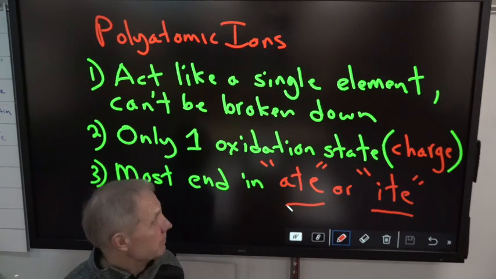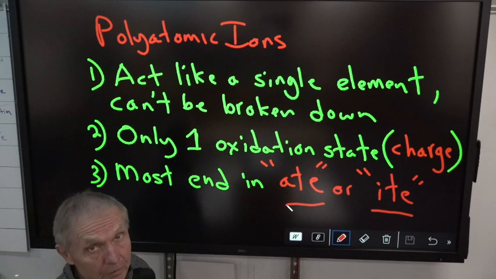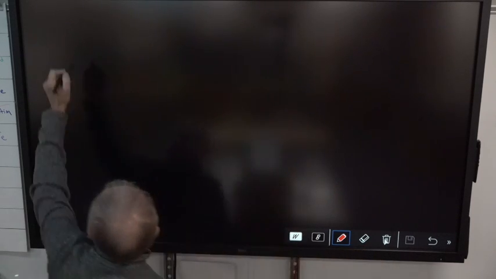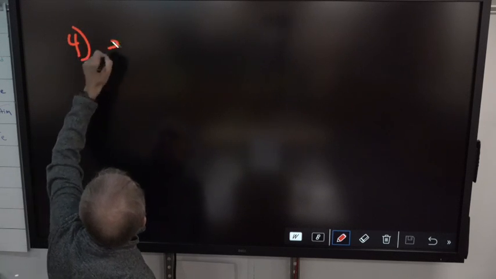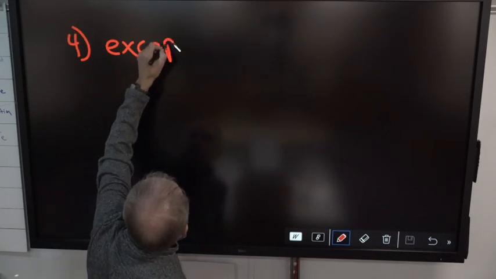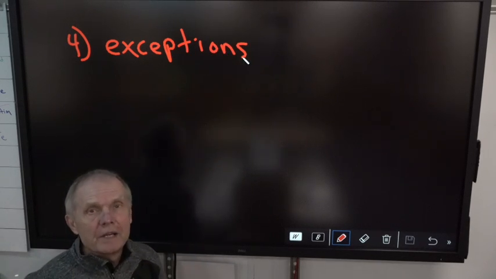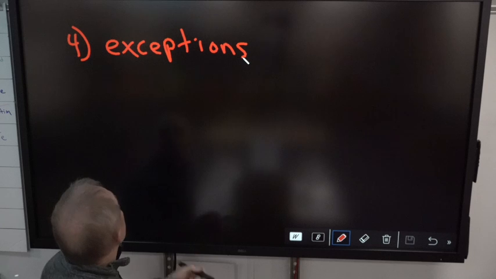Those are good ones. Most end in ate or ite. That's number 3. Number 4. There are exceptions that don't end in ate or ite, and the ones we use the most.